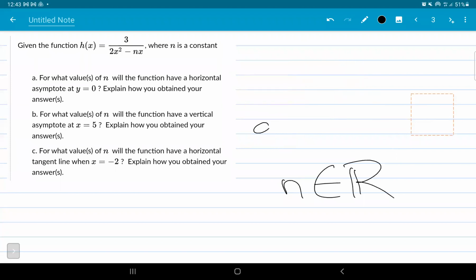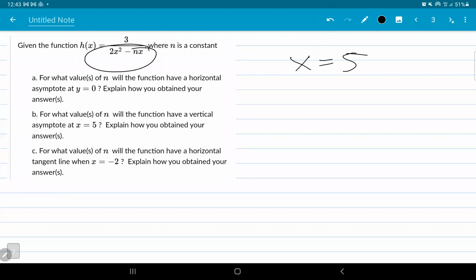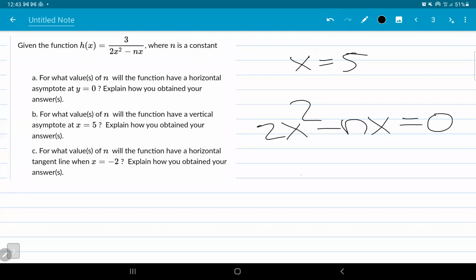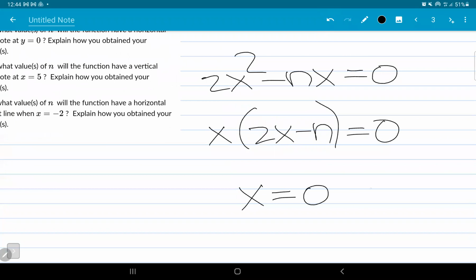Then letter B, for what values of n will the function have a vertical asymptote at x equals 5? Diba ito, kinukuha yung vertical asymptote sa denominator. Remember, you equate it to 0. If you factor out, you'll get 2 possible vertical asymptotes.